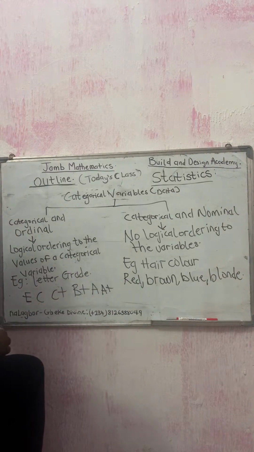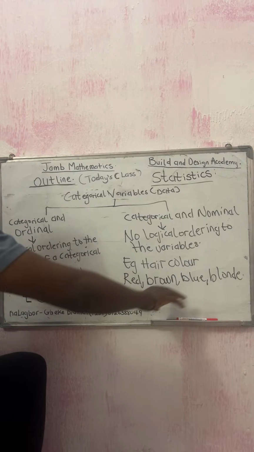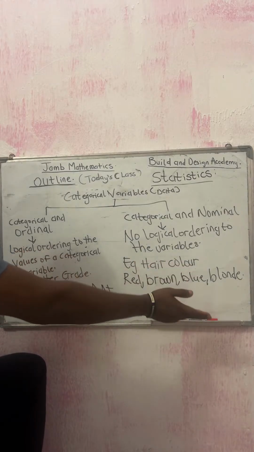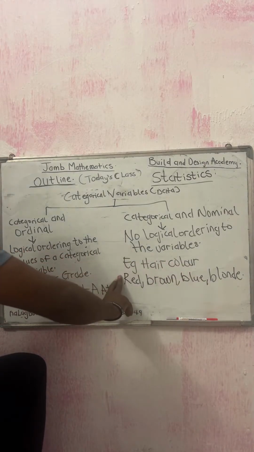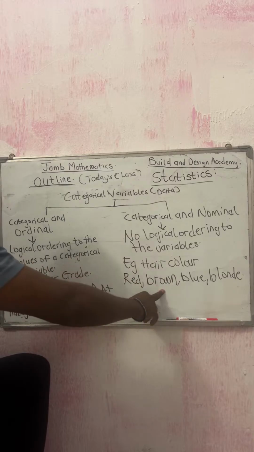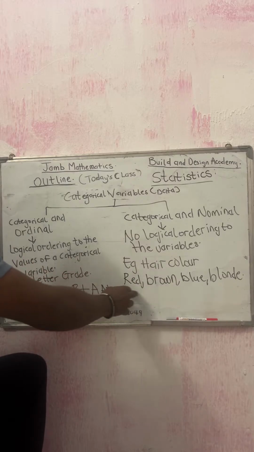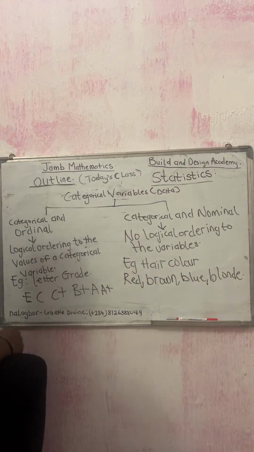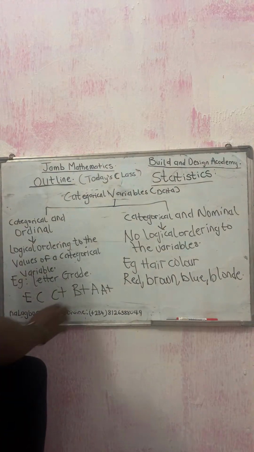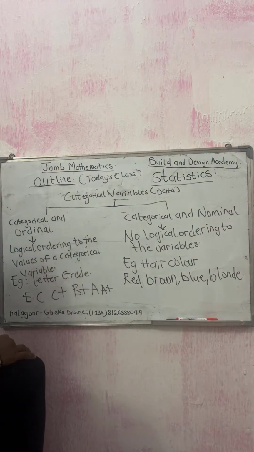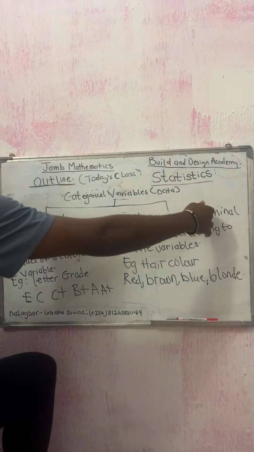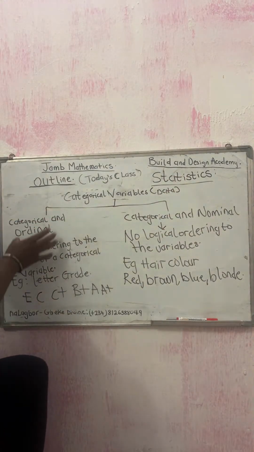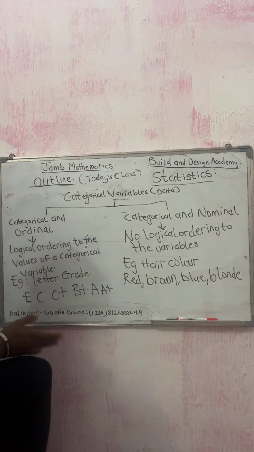But for colors, you can put anyone first and anyone last; there's no way you can order it logically. That's why they call it nominal. Nominal simply means normal. Ordinal means following an order.